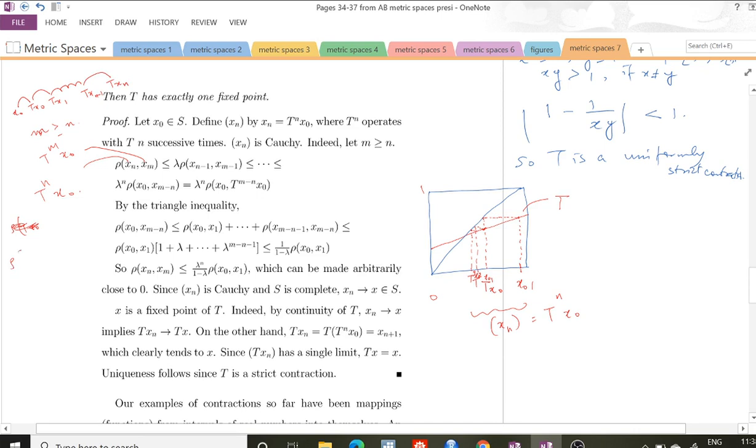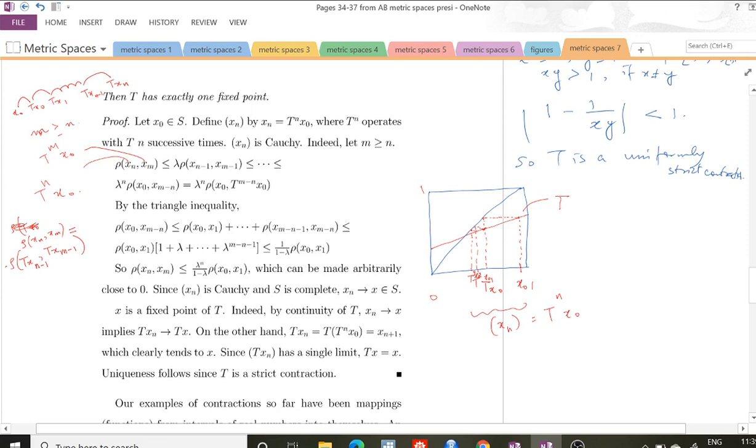So it must be that rho(xn, xm) is the same thing as rho(Txn minus 1, Txm minus 1), okay?